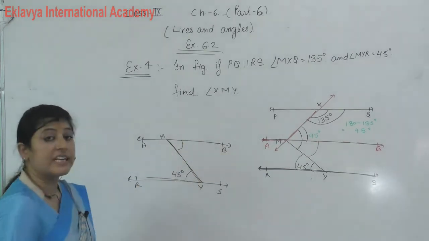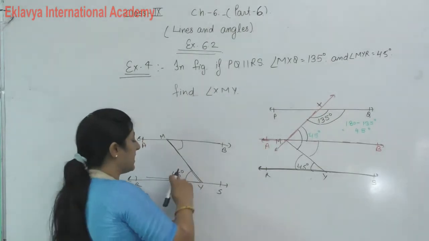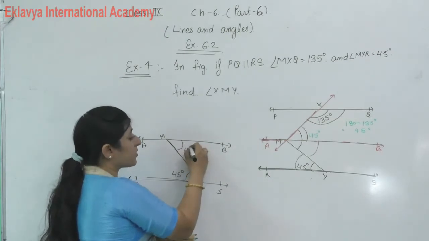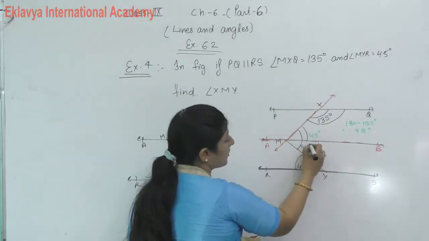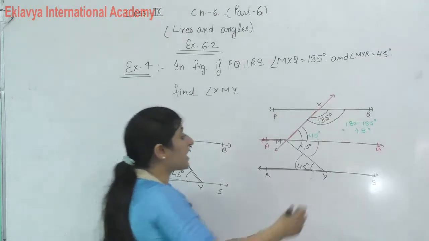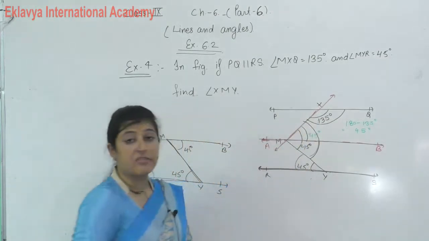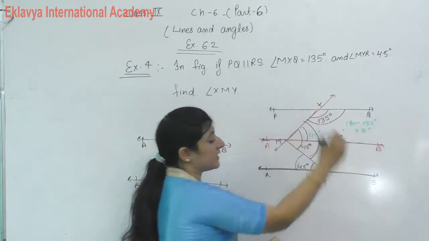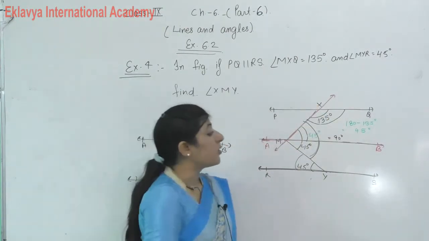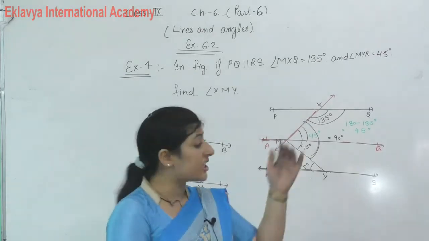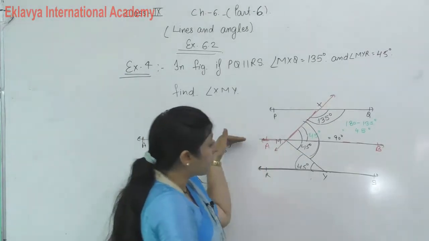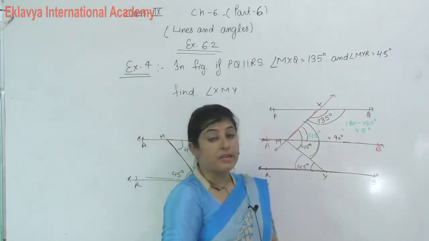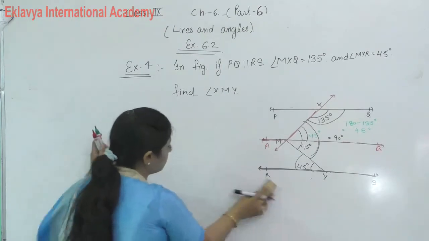They are forming a Z, it means they are alternate interior angles. Alternate interior angles are equal. This 45 and this also 45 degrees. In the question it asks for this complete angle XMY, then 45 plus 45 becomes 90 degrees. This is how we will solve this question. We do a construction in this type of question: produce a line AB parallel to PQ passing through M.